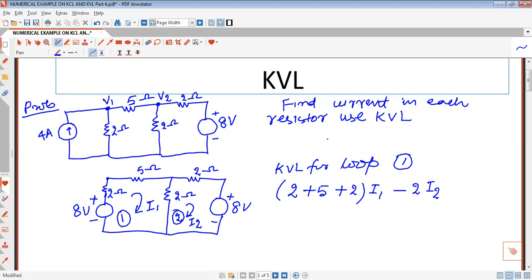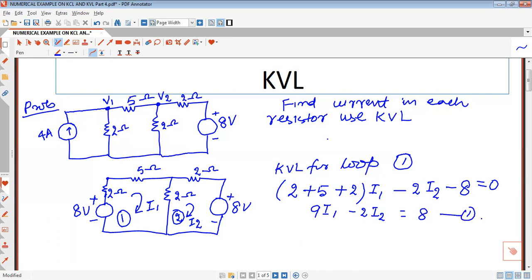Now we are meeting a negative terminal, so we write it as negative, and it is equal to 0. So we can write this equation as 9I1 minus 2I2 equal to 8. This is equation number 1.